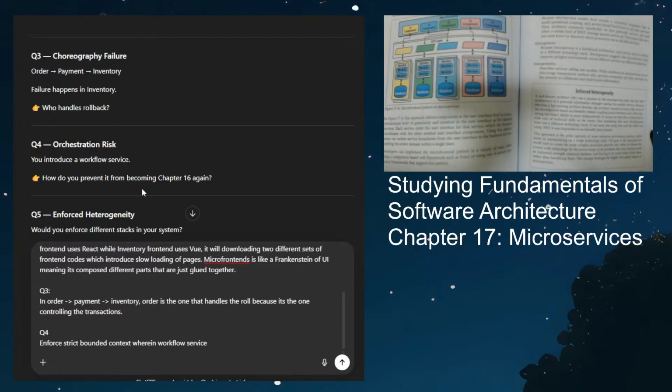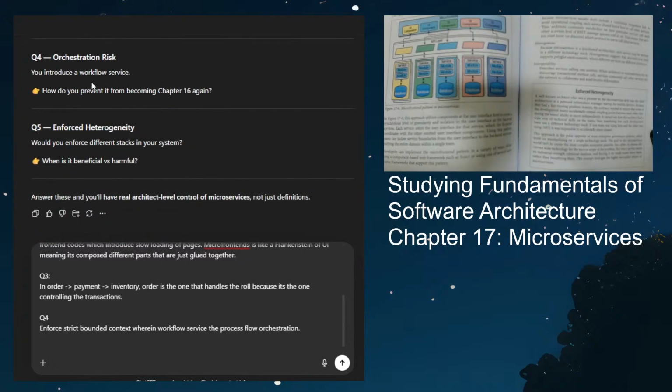We only handle the process flow orchestration and hub. Medyo mababaw yung sagot ko. Anyways, okay na muna yan para makapag-proceed ako.